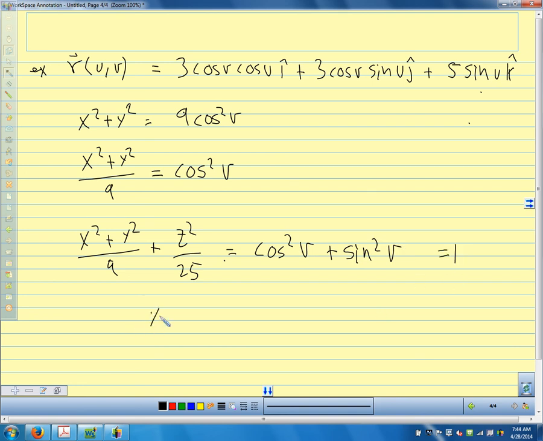So we end up with x squared over 9 plus y squared over 9 plus z squared over 25 equals 1. And what is that? An ellipsoid.